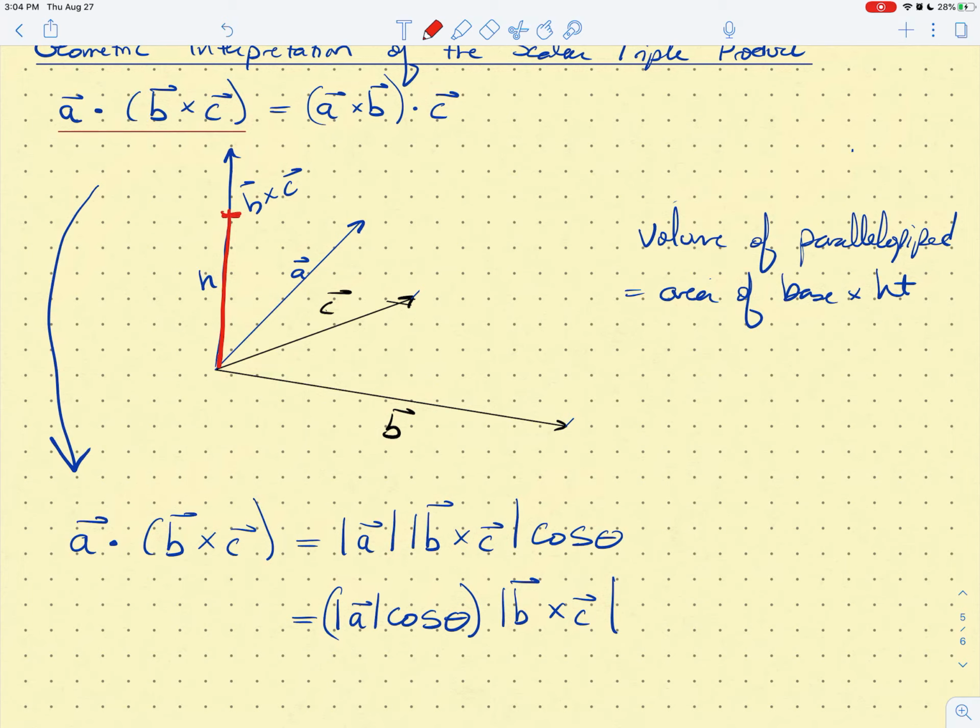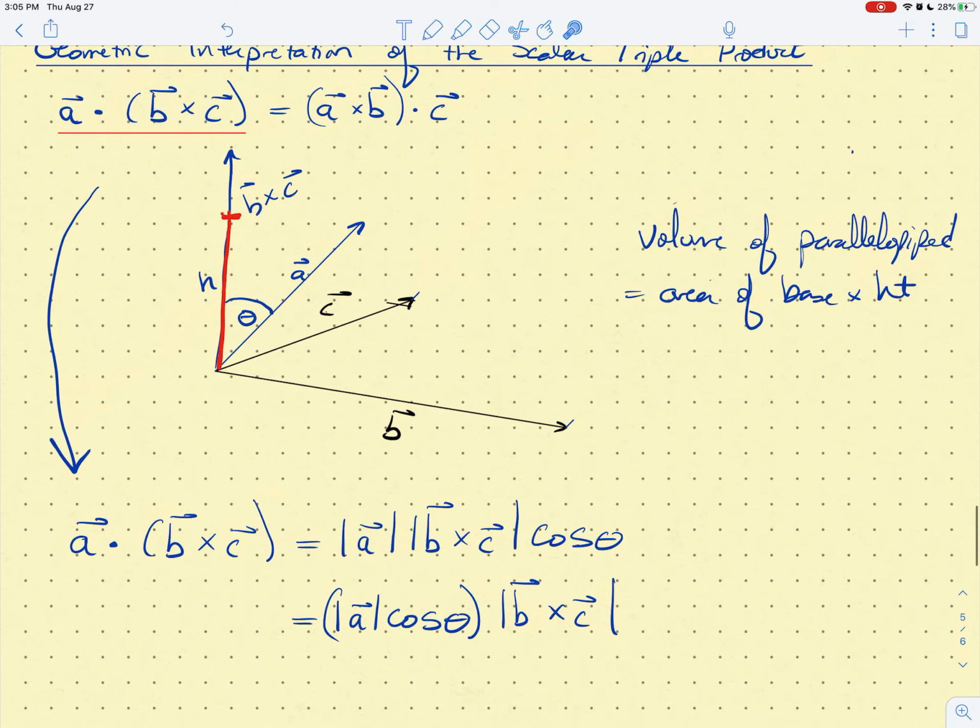Does that make sense? The parallelepiped is actually over here somewhere, right? It's all over here, but you can realize that it does have a certain height that's sort of sliding across there. And I'm interested now in the angle theta between A and B cross C. What is that angle? When I think about it for just a moment, I imagine that this is a right angle right here.